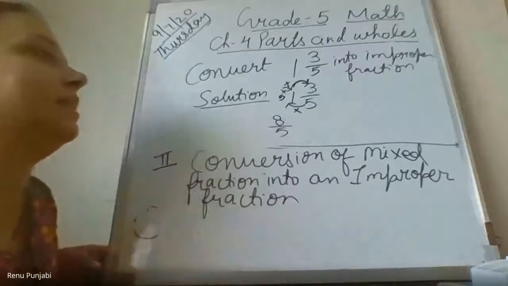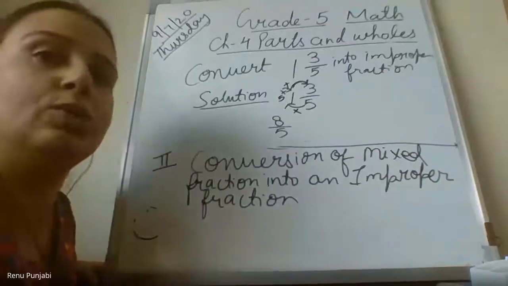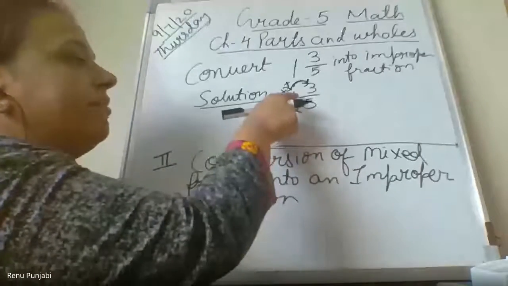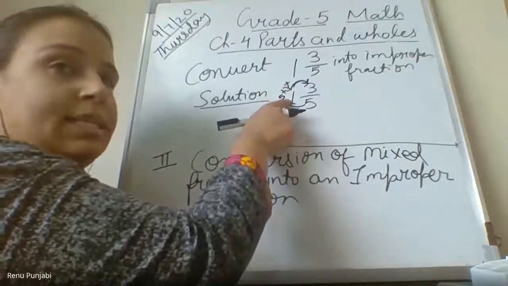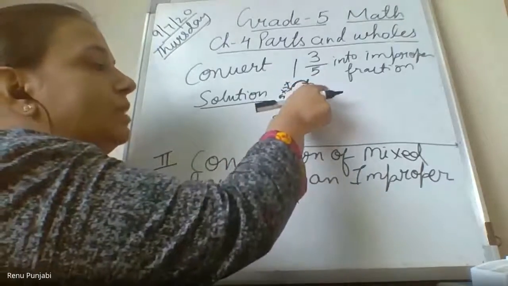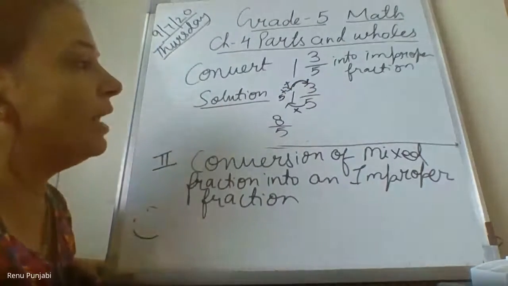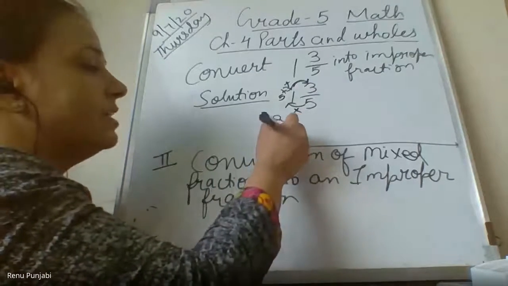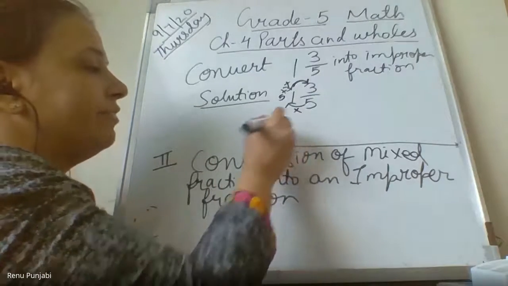This is the method of converting the mixed fraction into the improper fraction. First, multiply the denominator with the whole number, and whatever answer you get, add the numerator. 5 into 1 is 5, 5 plus 3 is 8. So your answer is 8 upon 5.